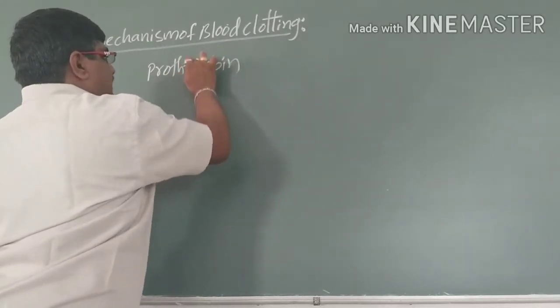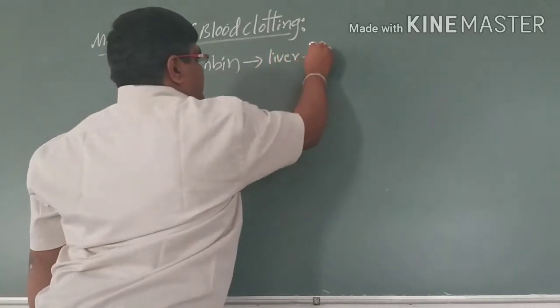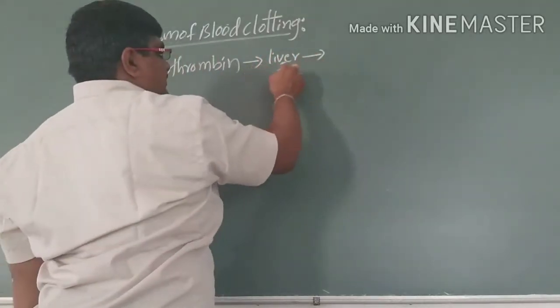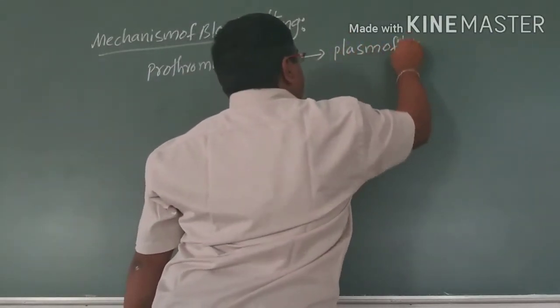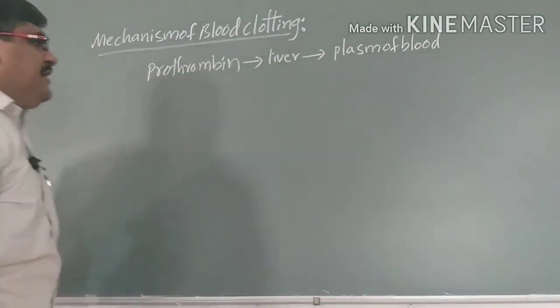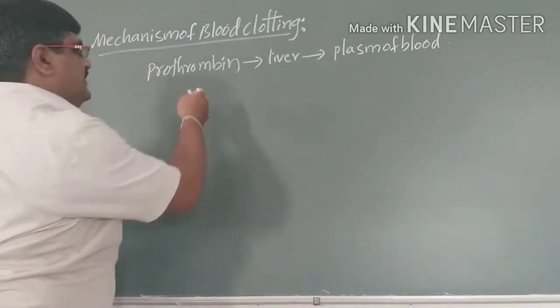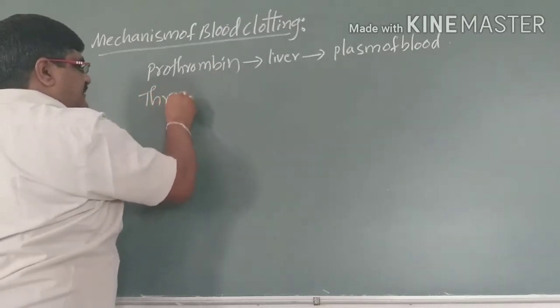The prothrombin is produced by the liver and is present in the plasma of the blood, where it also contains the thrombokinase enzyme.